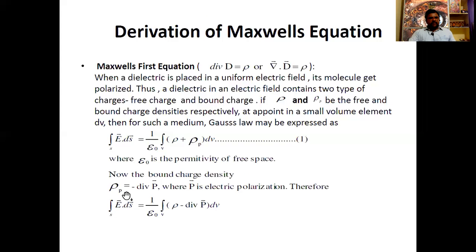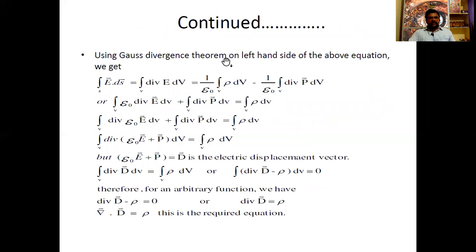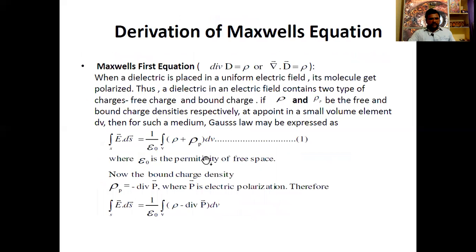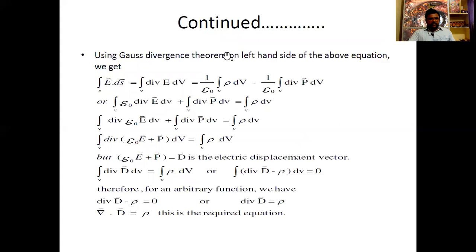As we have discussed earlier, for this term we use the Gauss divergence theorem and convert it into a volume integral. So on the left hand side of the above equation we get surface integral of E bar dot dS bar equal to volume integral of divergence E bar dV, and on the right 1 by epsilon naught volume integral of rho dV minus 1 by epsilon naught volume integral of divergence P dV.